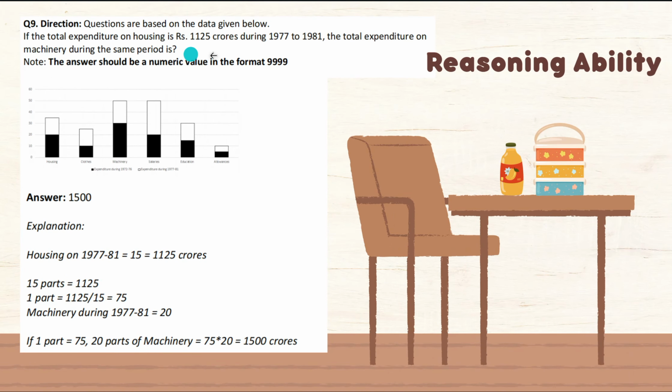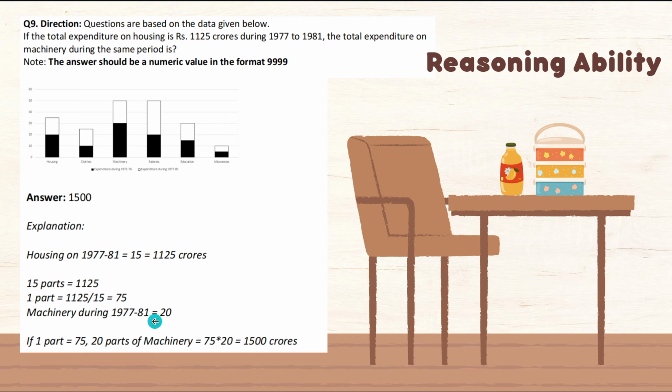The ninth question is: if the total expenditure on housing is 1125 crores during 1977 to 1981, the total expenditure on machinery during the same period is? Here is the calculation. 17 parts it is done, and each part consists of 75.